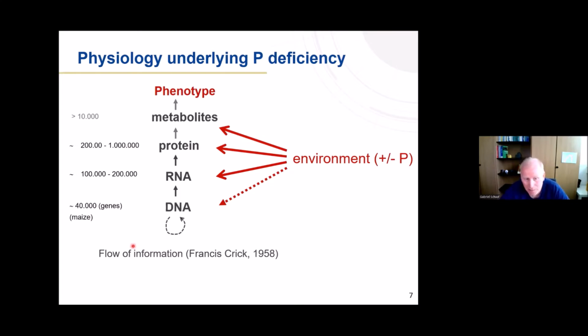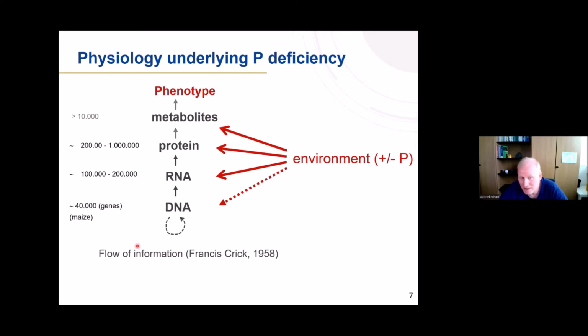The environment can change DNA, chromatin structure, chromatin modification, it can change transcription, the stability of RNA, it can stimulate translation or influence the turnover of proteins, make post-translational modifications and so on, resulting in a lot of changes that are dependent on the environment. This also means that you can have two identical genotypes that have, of course, very different phenotypes in different environments.